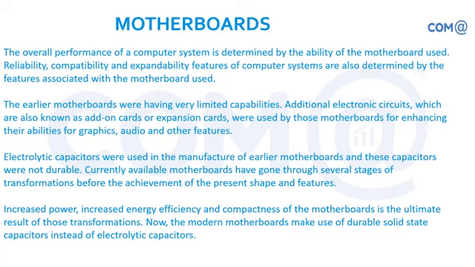The earlier motherboards had very limited capabilities, so they will not have what we have now. They will have different types of slots, the portion where you can insert the IO cards. For example, if you want to have a sound facility like recording or playback, you need to have a sound card.